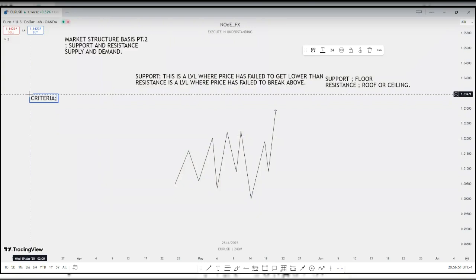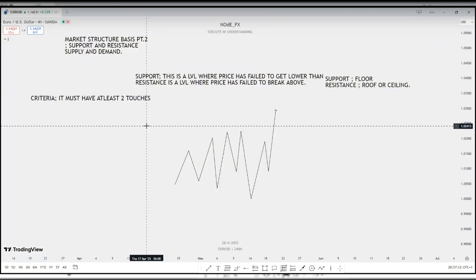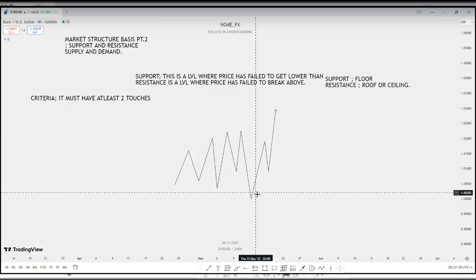The criteria is it must have at least two touches. If it doesn't have up to two touches, it's not a valid support or a valid resistance.